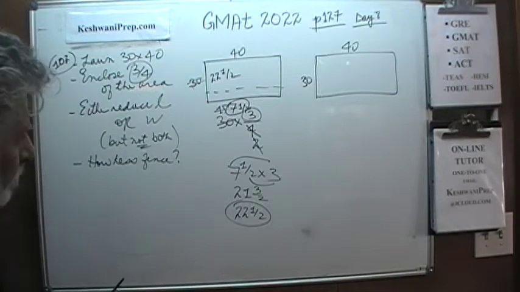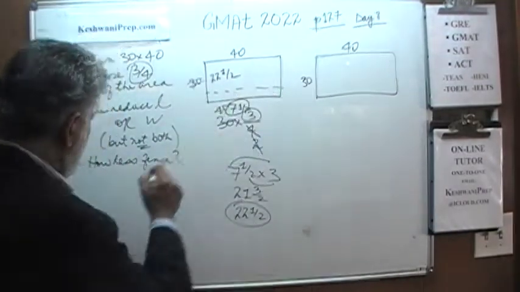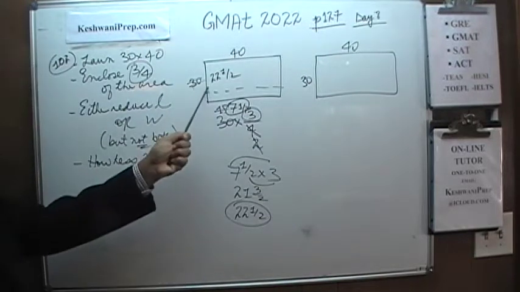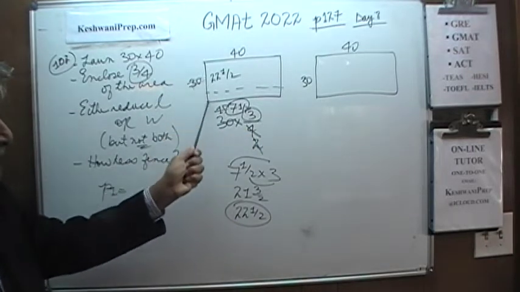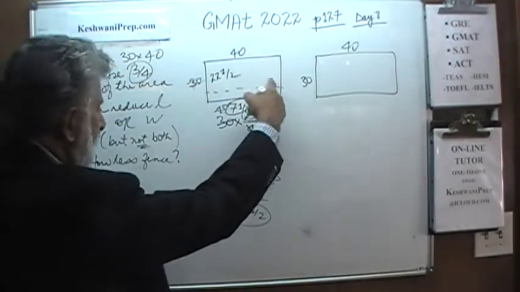I used up all the room. Let's find out the perimeter here. Let's call this one 1. So the perimeter of the first one is going to be 22.5 this side, 22.5 this side, because we're cutting it this way. The width is being cut by 1/4. So it's 22.5 and 22.5.